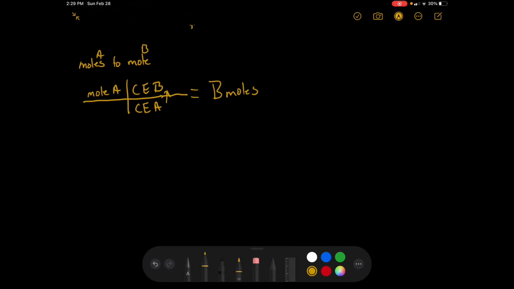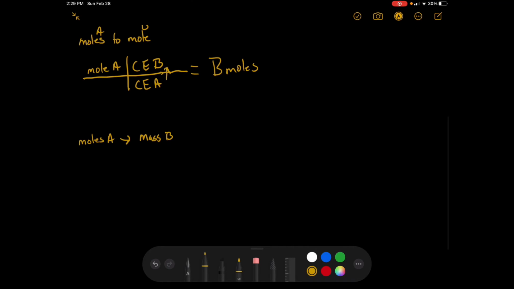And then, say, for example, if we're going to go from moles A to mass B, it's going to be a little longer, but we'll be able to figure it out. So notice this. We are given moles A, so we put our moles A on top. Moles A, that's what we're given in the equation.